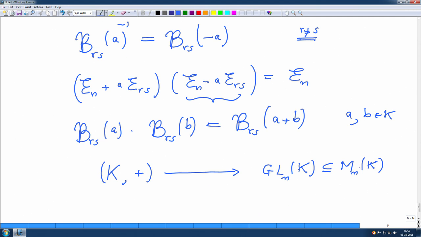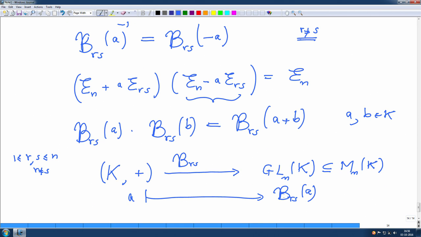This is the units in this ring, and we have a map, for fixed r and s between 1 and n, r not equal to s. Then we have a map B_rs here, a goes to B_rs(a).